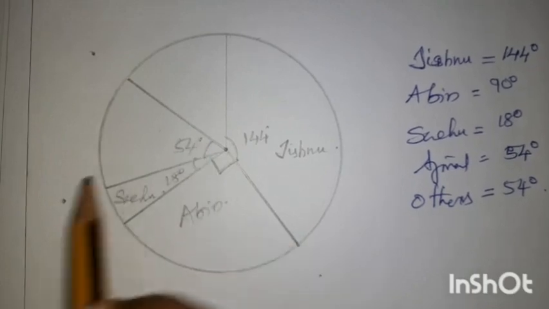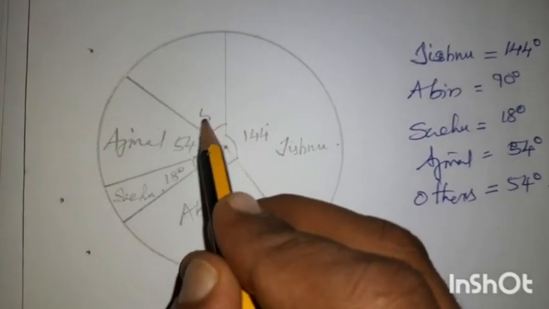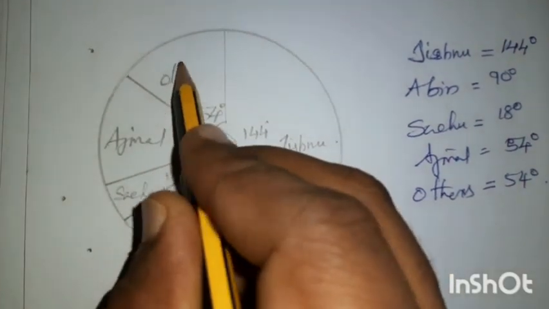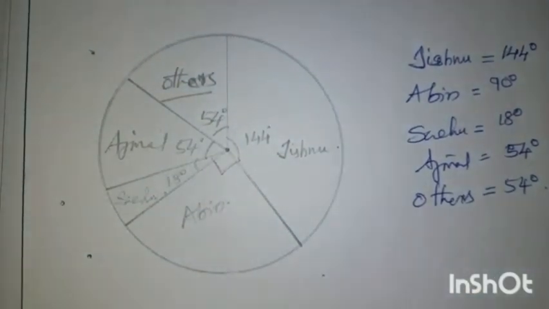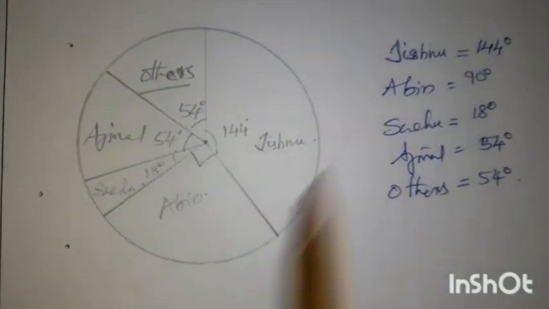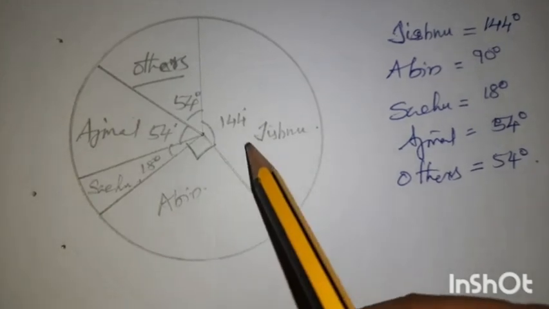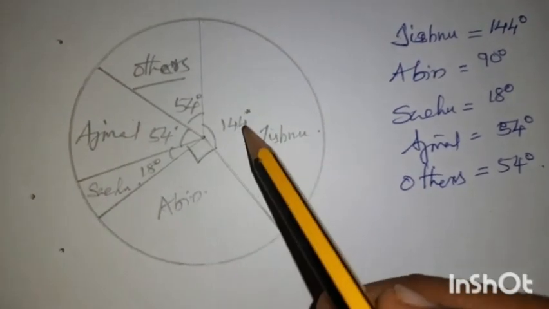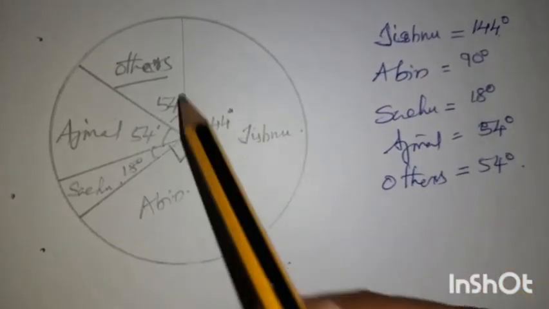The angle is 54 for Ajmal. Then again 54 for others. So you have to mark these angles on this pie chart. You can see the pie chart now with the scores in degrees. The scores are converted into degrees and we mark them here.